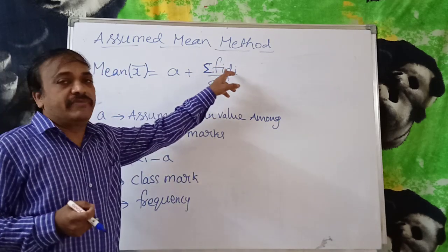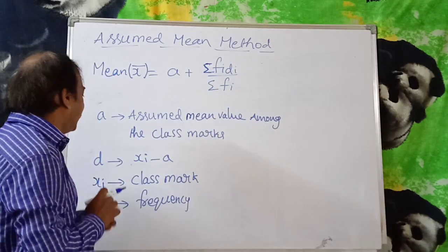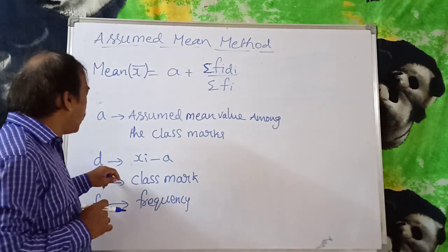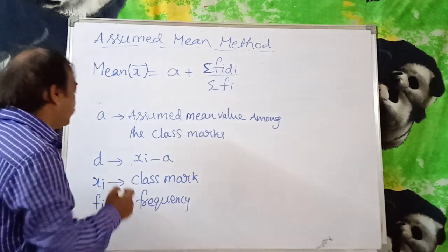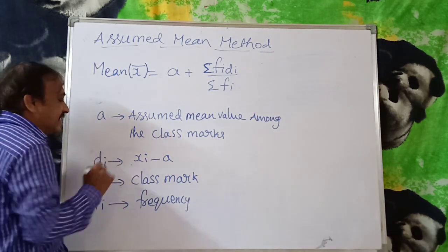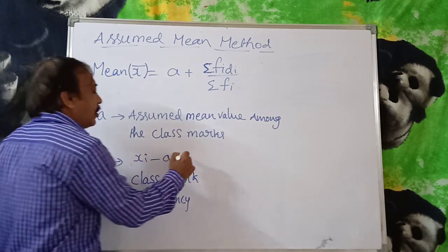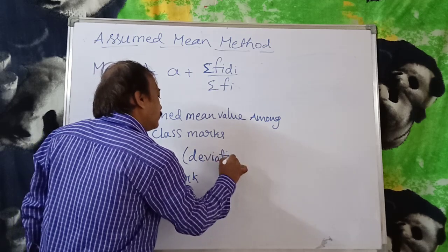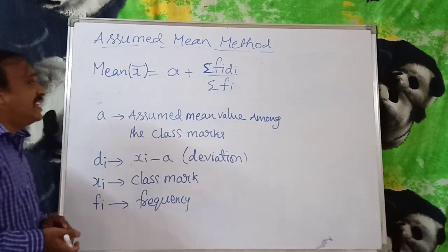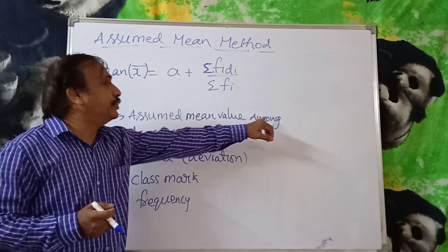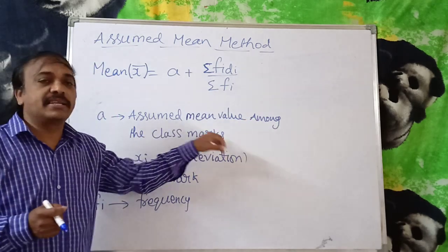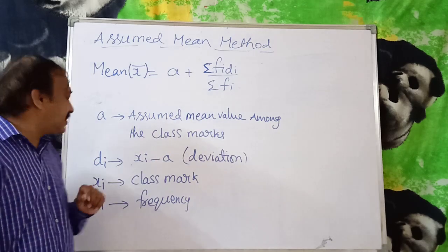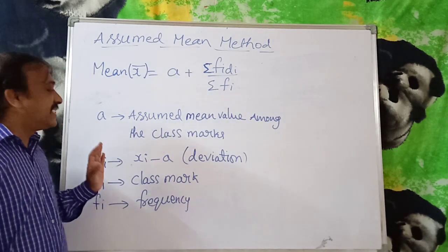Fi di is frequency into deviation. Di is nothing but the deviation. How to get the value of d? Di is xi minus a, which is called the deviation. So A is the assumed mean value among the class marks.